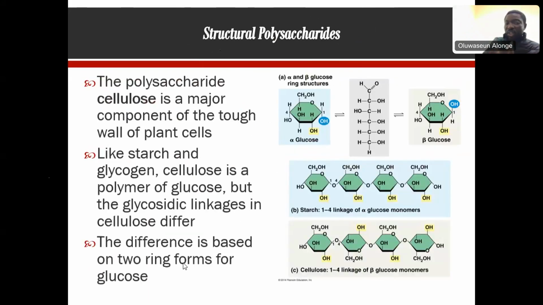All right, now the third one is cellulose. Now you will notice that plant cells have a cell membrane, yet they also have the cell wall as an additional protection. That is why plant cells don't burst.